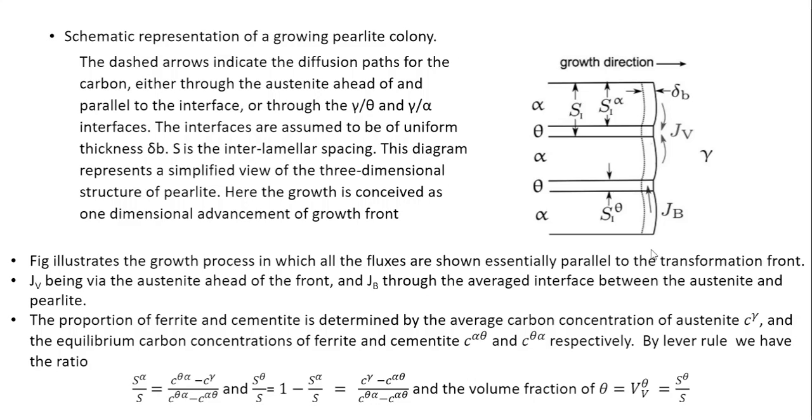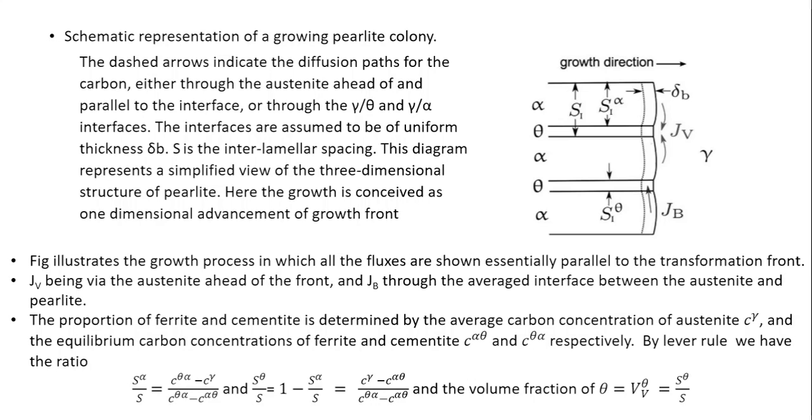The proportion of ferrite and cementite is determining the average carbon concentration of austenite, so that is C gamma, and the equilibrium carbon concentrations of ferrite and cementite. So C alpha theta: what is the equilibrium concentration here?